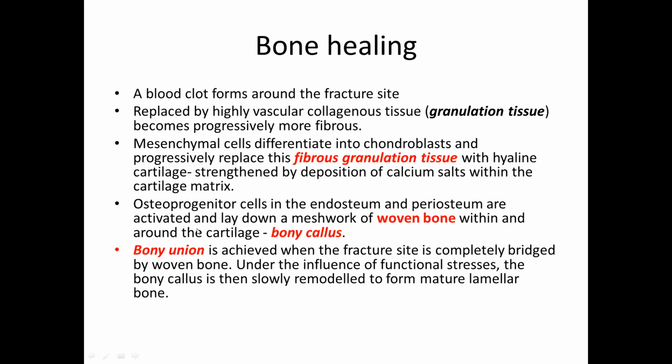Then bony union will be achieved when the fracture site is completely bridged by woven bone. Then under the influence of functional stressors, the bony callus is slowly remodeled to form mature lamellar bone. Bone will only be able to achieve about 80 to 85% of its previous strength when it fractures.